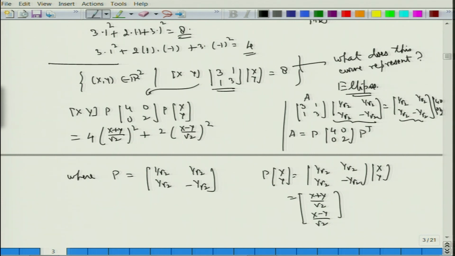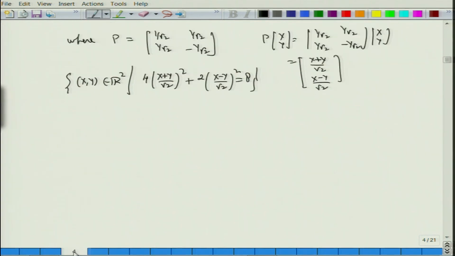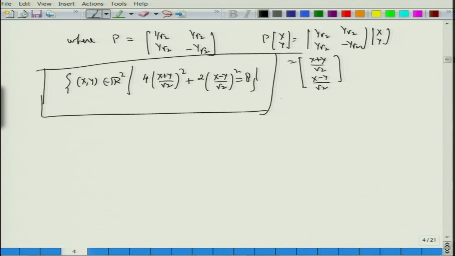Fine. So from here what to say is that I am looking at all (x, y) belonging to R2 such that 4 times (x plus y upon root 2) whole square plus 2 times (x minus y upon root 2) whole square is 8. I am looking at this system. Is that okay? So I am looking at this curve now. So the curve that I was looking at is this curve itself.